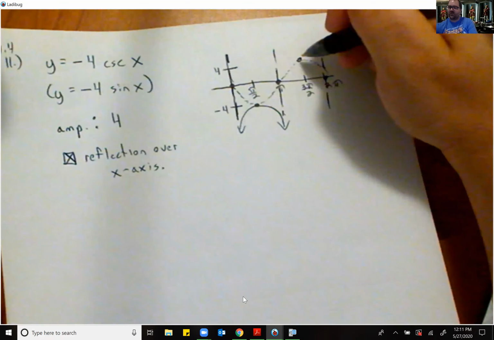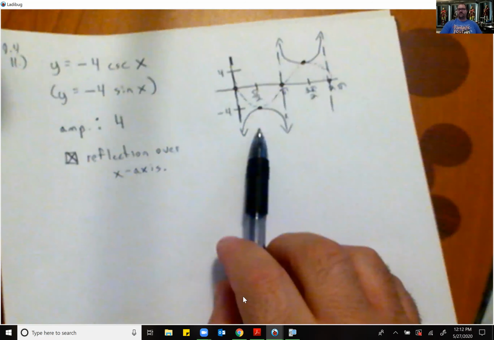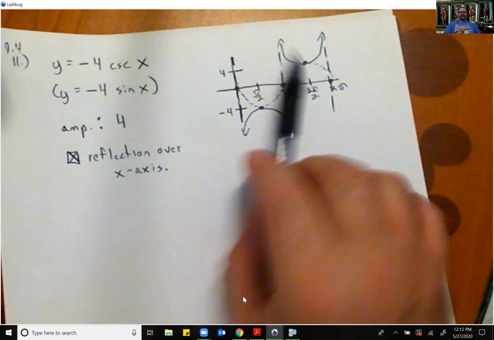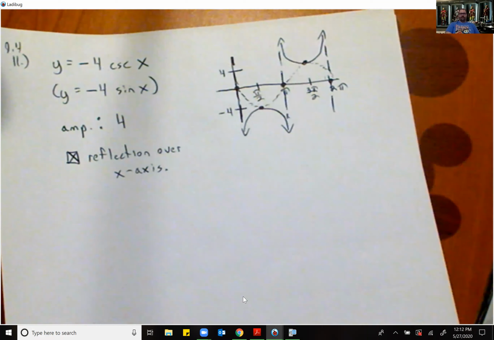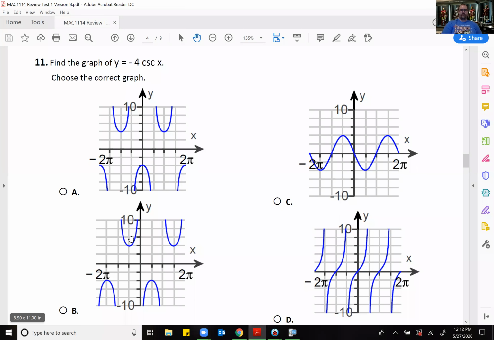If I flip those little quadratics, boom, this is what the cosecant graph looks like. Okay? So we just need to find the graph that matches that. So if we come back here, the answer was B. Cool beans?